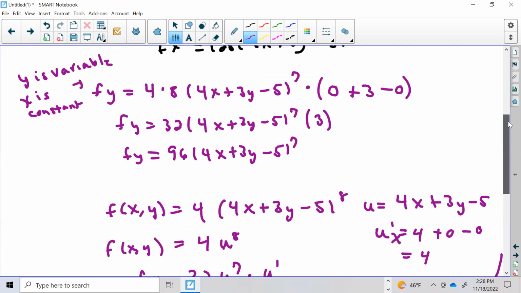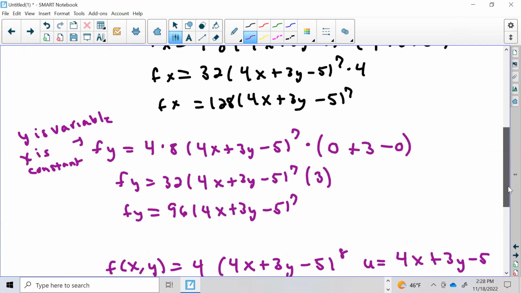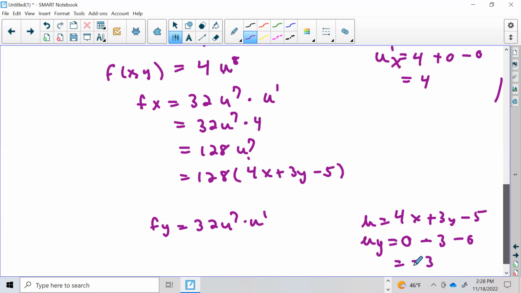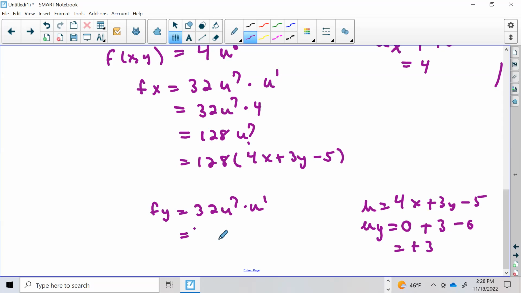And I think, oh, I changed the problem here, plus y, so plus 3. And so again, this would be 32. I would plug in my u and then multiply by 3.